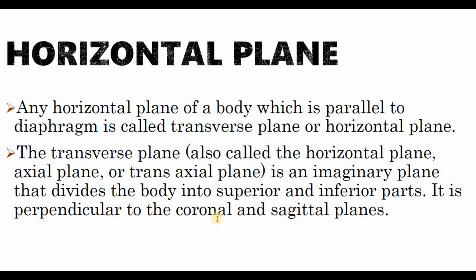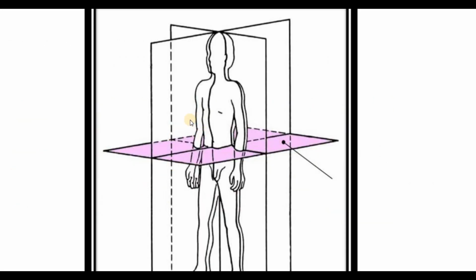Then it is perpendicular to the coronal and sagittal planes. So as you can see in this picture, the horizontal plane divides the body into upper and the lower half. Okay. So it is parallel to the diaphragm.